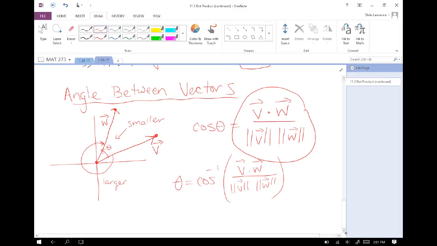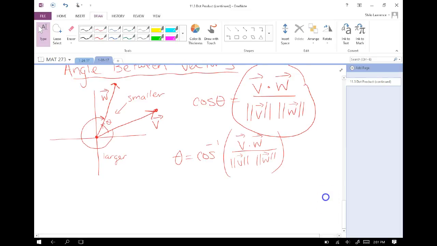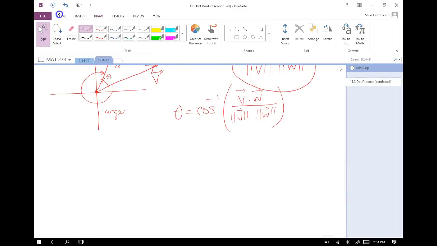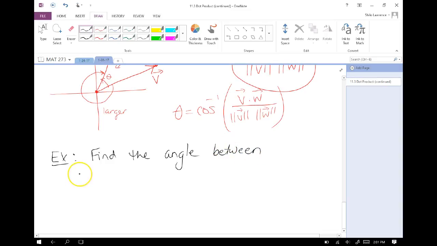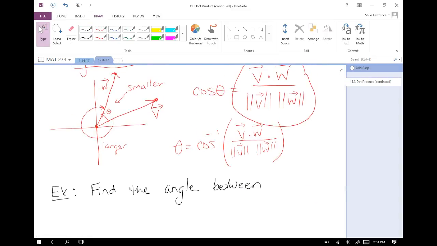So this is helpful in figuring out the relationship between 2 vectors, where they are in relation to one another. And even though I drew it in 2 dimensions, we could just as easily do this in 3 dimensions as well.